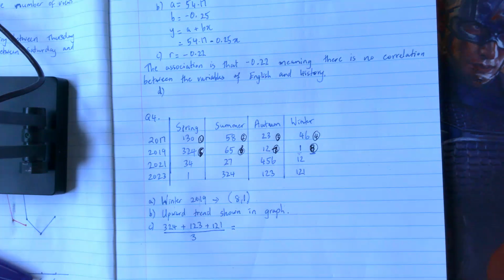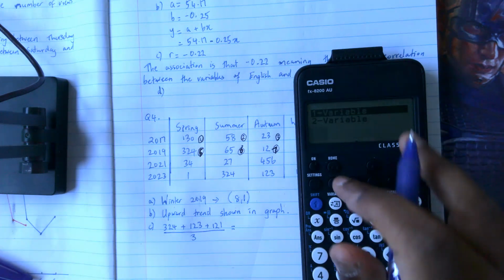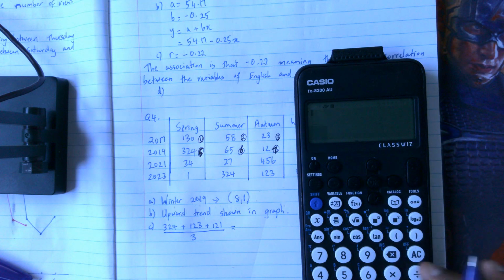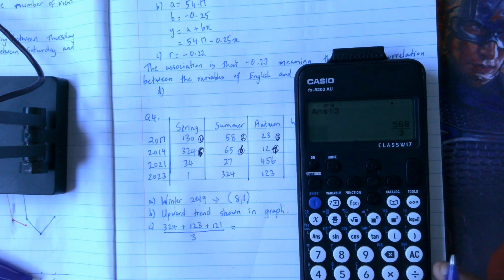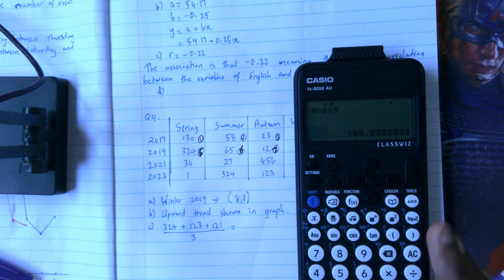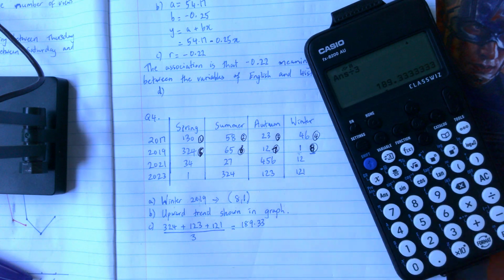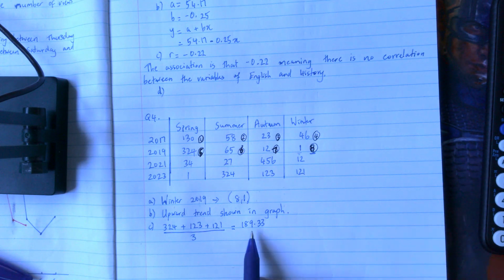And that gives us our 3-point moving average, 189.33. So our last value will be 189.3.